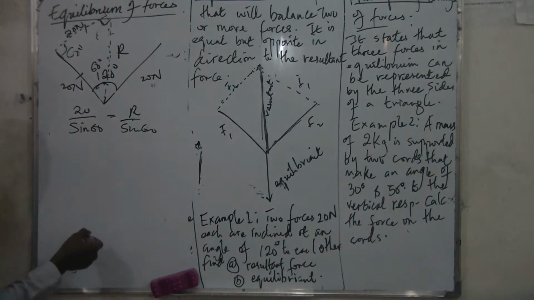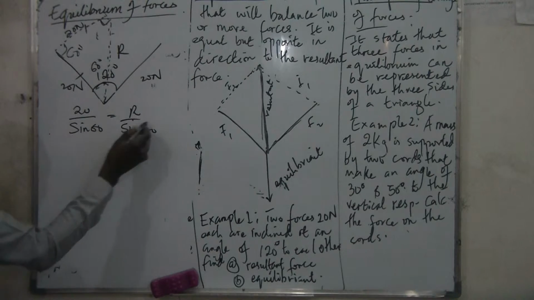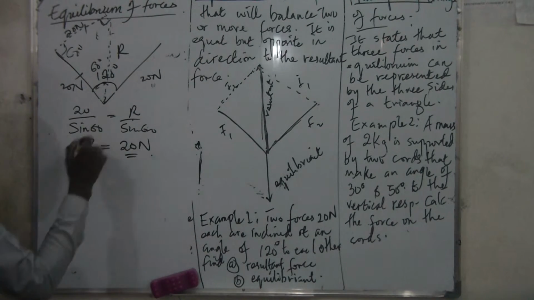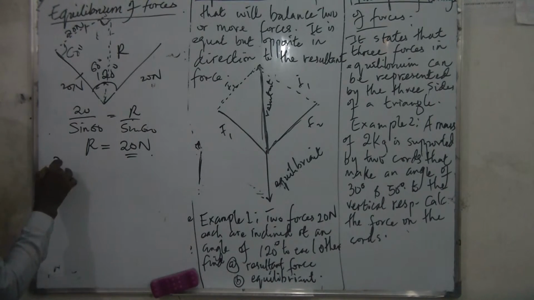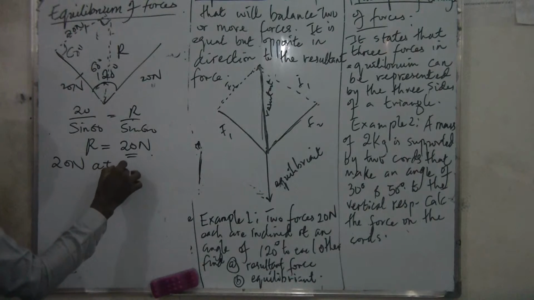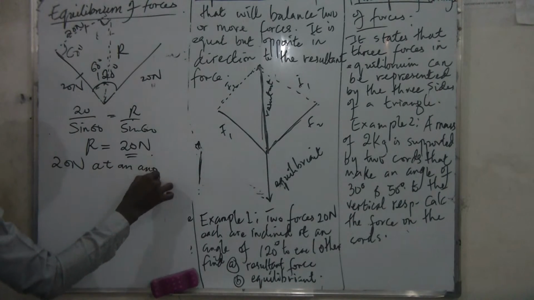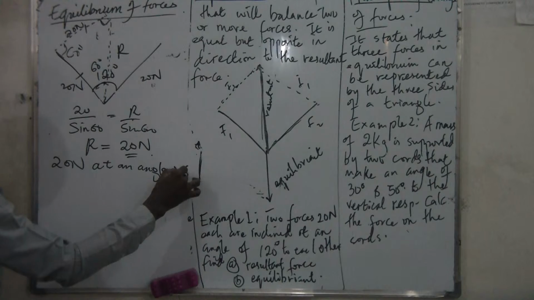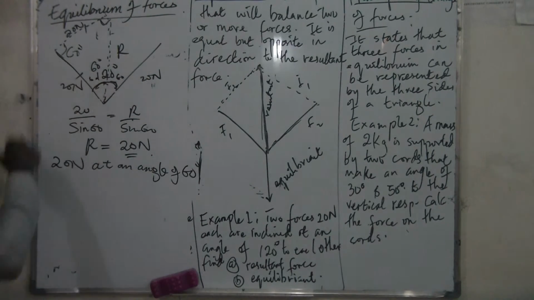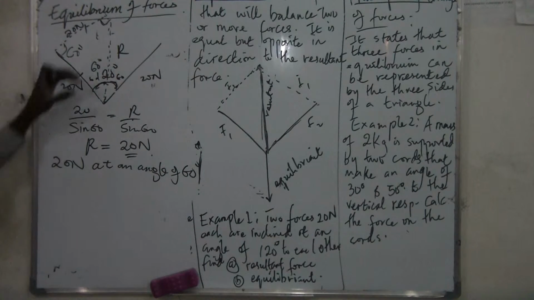At the end of the day, sine 60 will cancel sine 60. So the resultant force is 20 Newton still. The resultant force is 20 Newton at an angle of 60 degrees, because here is 60 and here is 60.